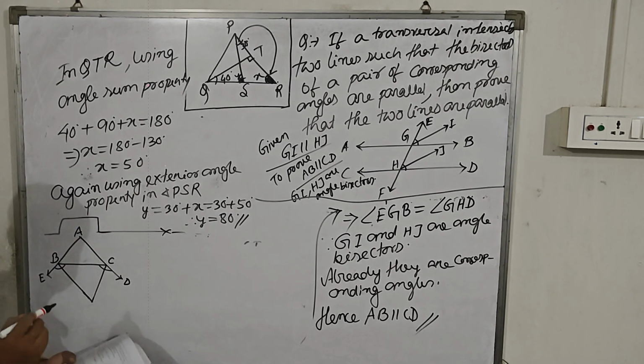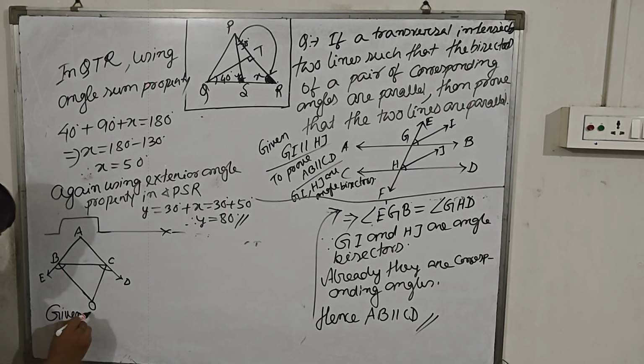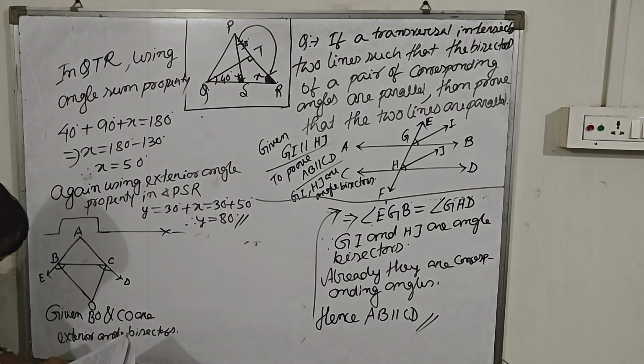This is A, B, C, D, this is O. Okay. So what is given here? BO and CO are given. BO and CO are exterior angle bisectors.